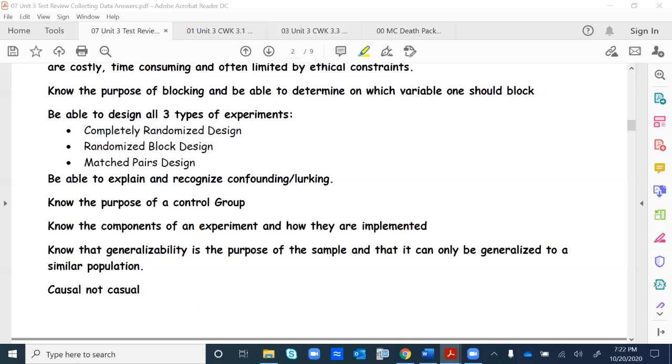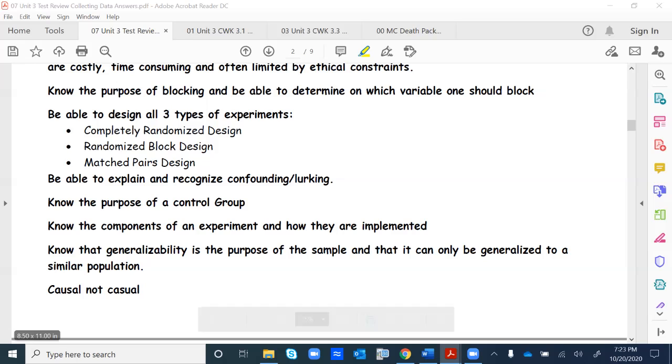If your sample only has females in it, I can only generalize to females. If the females are aged 25 to 35 and live in Texas, I should only generalize to females aged 25 to 35 who live in Texas. Please make sure the population you generalize to matches the sample.